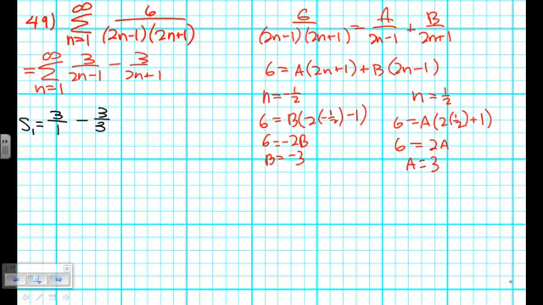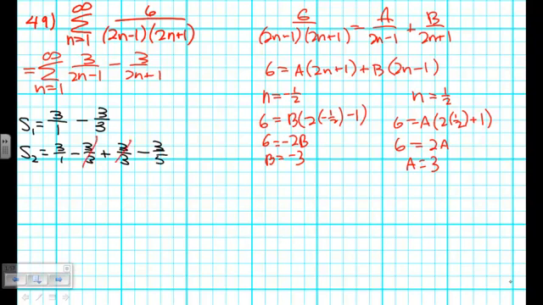I want to look now at what the second partial sum is. Well, it's 3 over 1 minus 3 over 3, plus, now I'm going to make n equals 2 and add the second term, 3 over 3 minus 3 over 5. And now I'm like, oh, look at that.